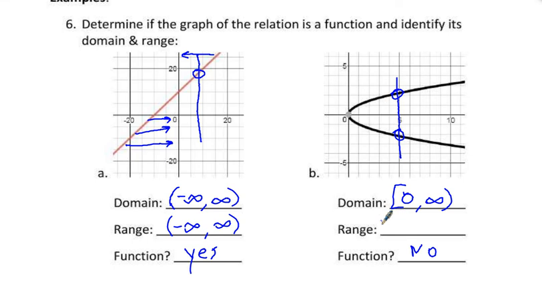The range, as we see, continues to extend upward and downward. All real numbers will be covered in the range. Not a function, this relation, excuse me.